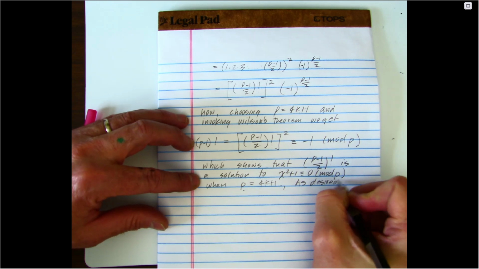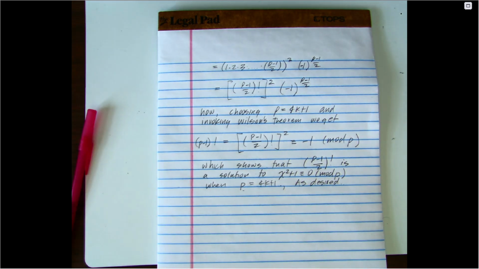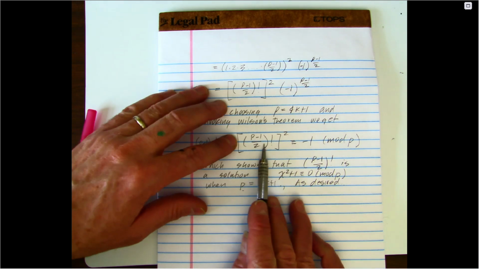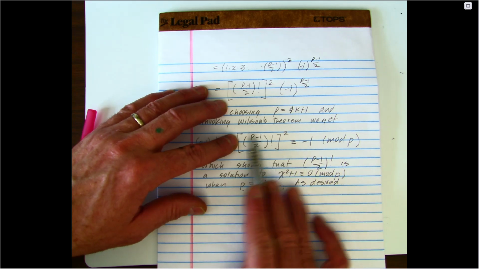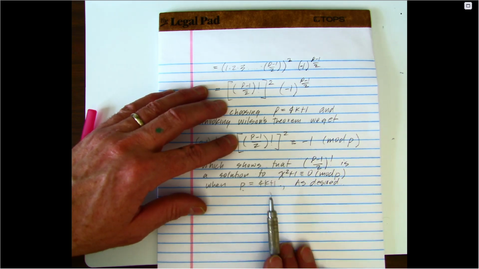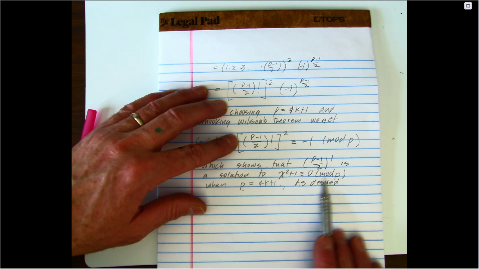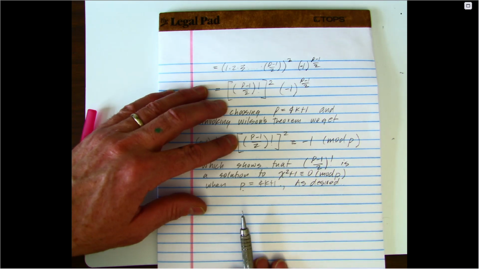This might not be immediately apparent to you, but convince yourself this is a number squared congruent to -1. So if I added 1 to both sides, it would be a number squared plus 1 congruent to 0. And that's exactly what we're trying to solve right here. So bravo, there it is.